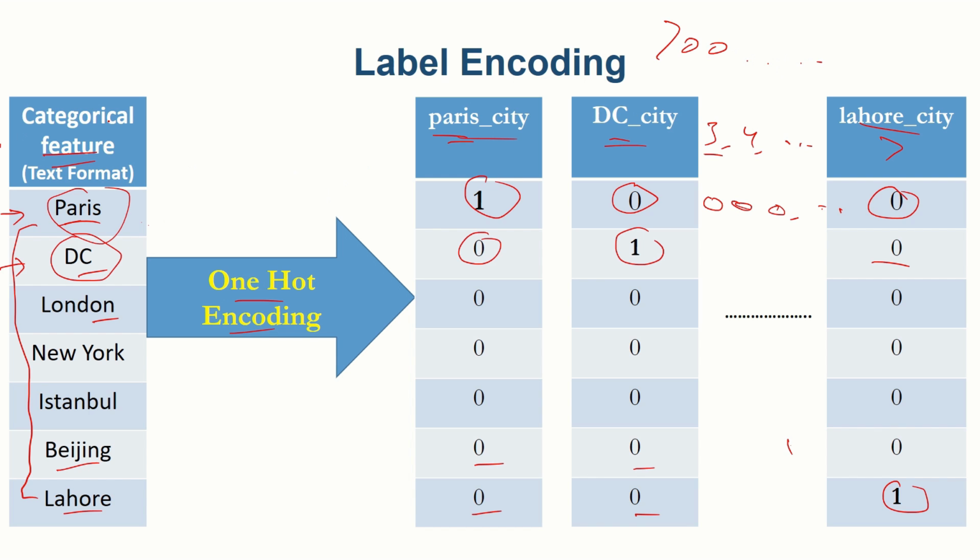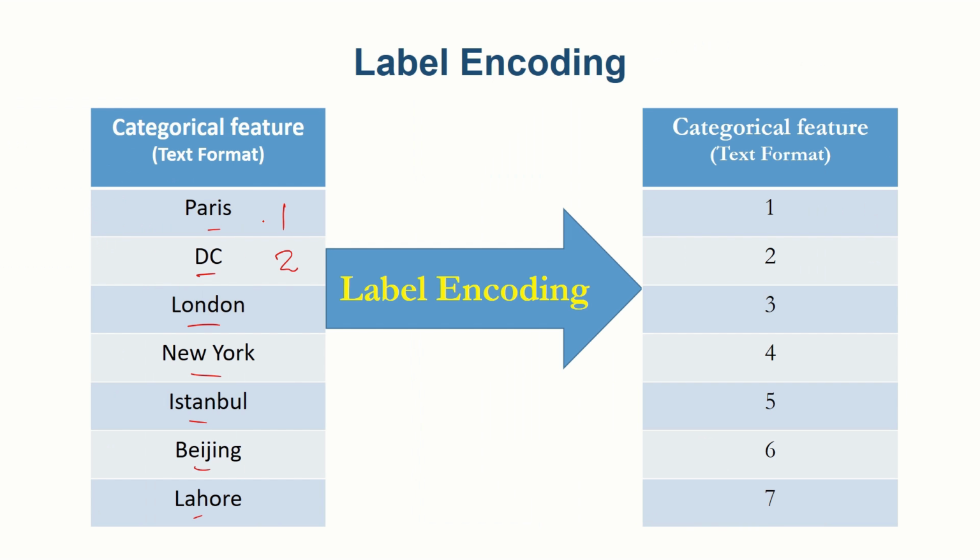And what if you have many categorical features that have many distinct values? So if the number of distinct values is very large, then you should use label encoding, because no matter how many different values there are in the rows, it will produce only one new column.